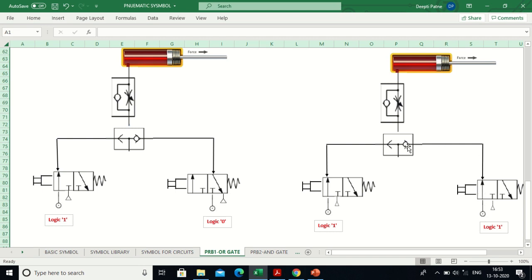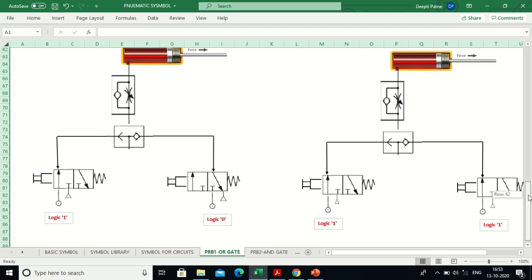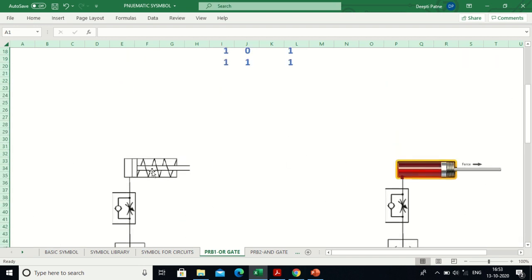Because of that, the shuttle valve ideally comes to the center, the air is passing and again my piston moves in the outward direction. So this is again holding a logic 1. The piston movement outward is considered as logic 1, whereas the piston movement inside, or no movement of the piston, is considered as logic 0.